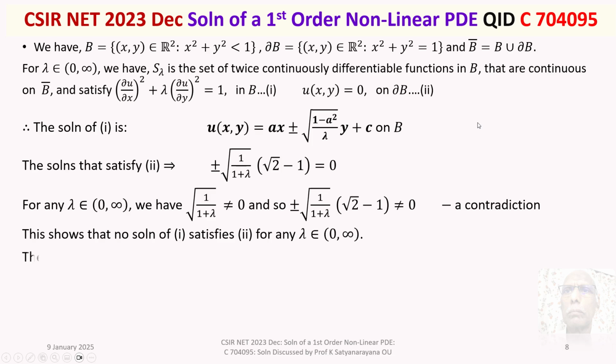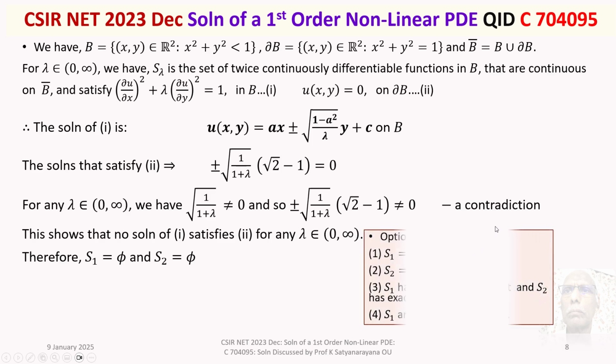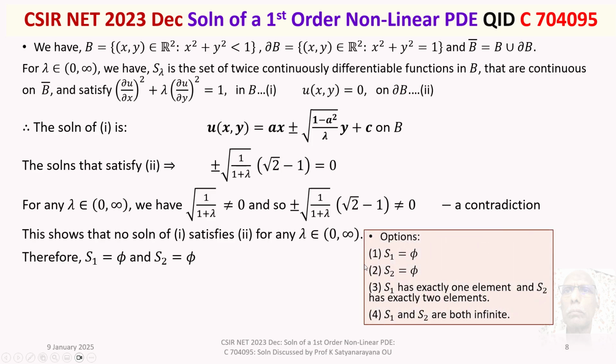That's what we have proved. Therefore, S1 is empty and S2 is empty. Let's see the options. S1 is empty, S2 is empty, appear against options 1 and 2. Therefore, option 1 is true and option 2 is true.